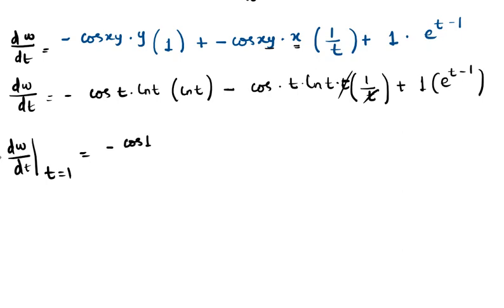So minus cos 1 into log 1, plus 1 into e power t minus 1, the same number. t minus 1 is nothing but 1 minus 1.